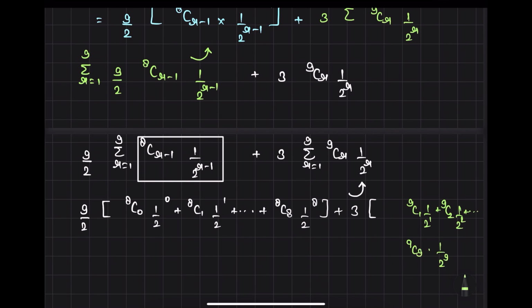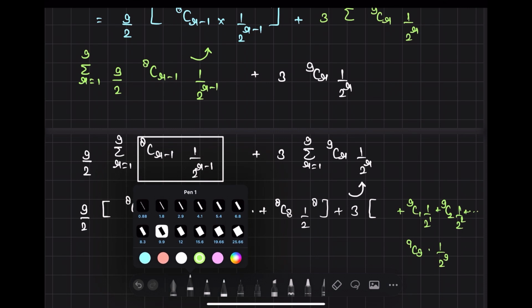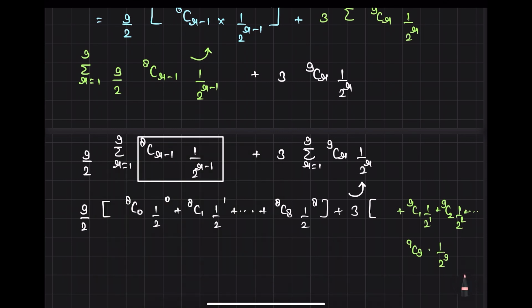We have everything, but we don't have the first component, so I will write the first component and I will subtract the first component. Okay, 9c0, 1 by 2 power 0. Okay, so we will simplify this thing.